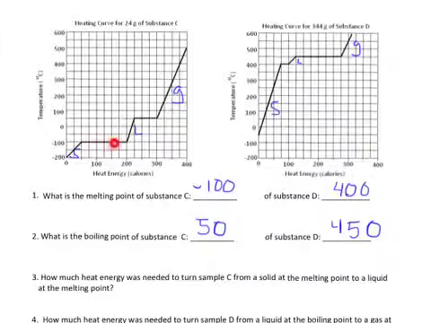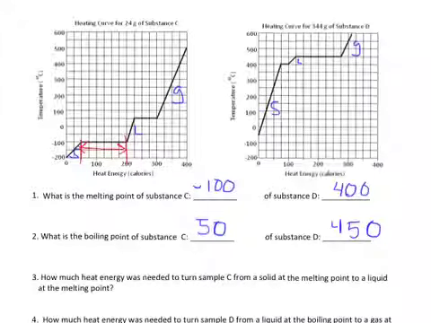So what we're really saying is, how many calories wide is this plateau? So in other words, from here to here, I need to know how many calories that is. So how many calories across is this gap?